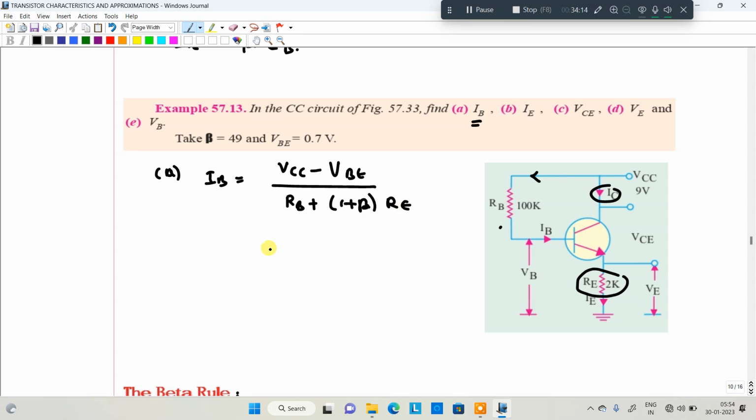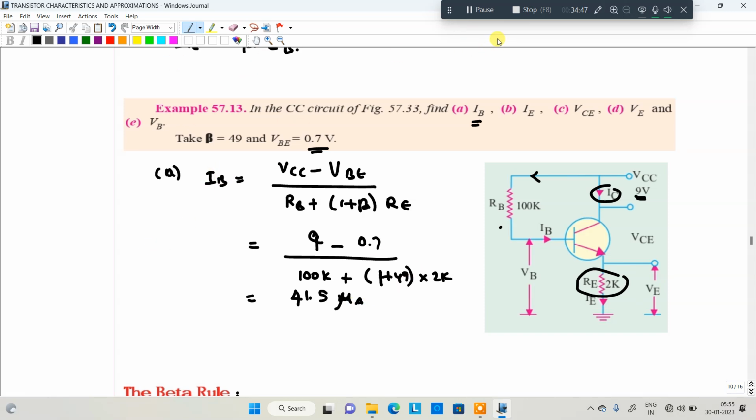VCC is 9 volts, given. VBE is 0.7, given, since it is silicon. RB is 100K plus 1 plus beta, that is 1 plus 49, into RE, which is 2K. From that, the IB value is 41.5 microamperes.